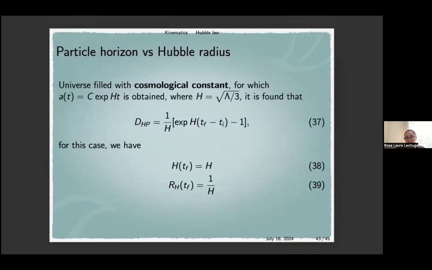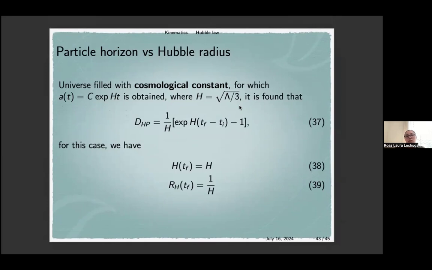But things change when we work with the cosmological constant. In that case, you have this expression for A, where H is written in terms of the cosmological constant. And for that case, the particle horizon is different.